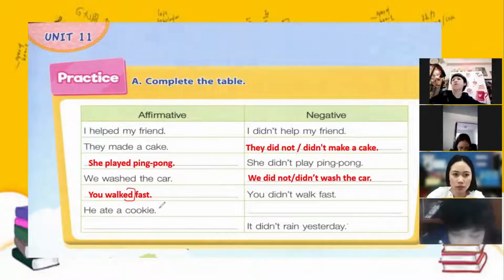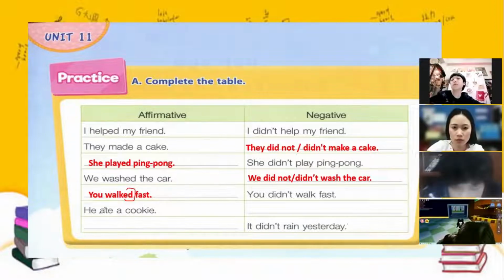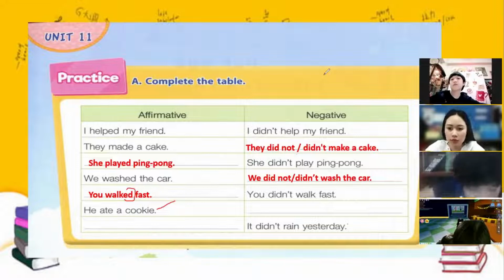Let me ask Nat. Nat, can you change the sentence to negative? He ate a cookie. What will be the negative sentence? Very easy.